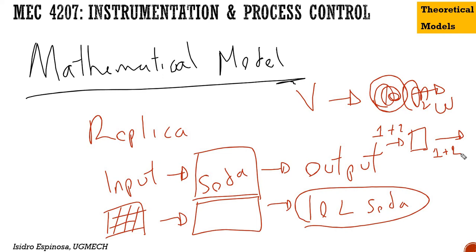Thus, if there is a linear relationship between the output and the input for the motor we were talking about, then the mathematical model is W, the output, equal to G times V, where G is the constant of proportionality, that is, a proportional gain that equates the direct relationship.